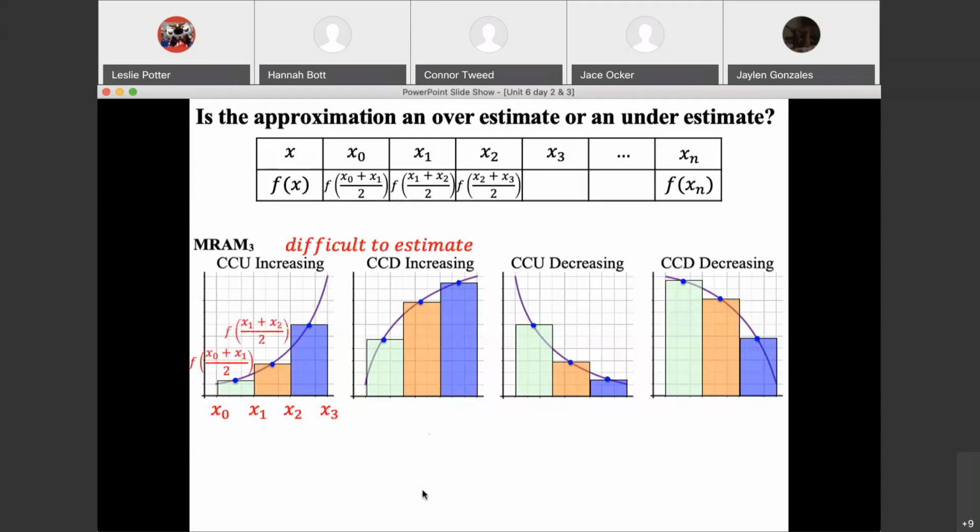We still use the same x0, x1, x2, x3, but because our dots are now in the middle of the rectangles, we have to average those x values to find the middle x value so we can find the function value. That makes sense?